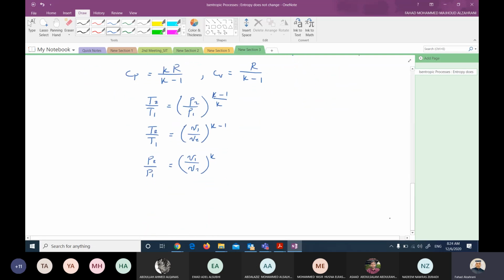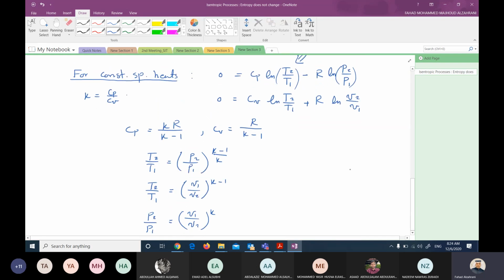So I'm just giving you the final answer in this case. All right. So again, these equations apply for s1 equals s2, and k is constant for all of these cases.